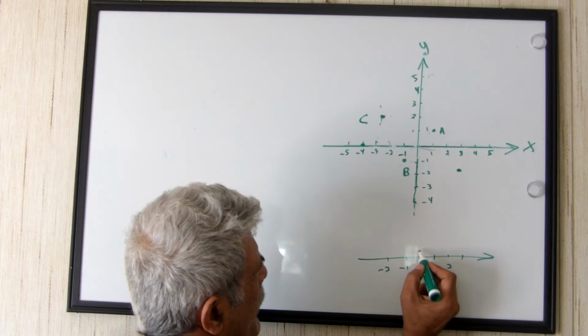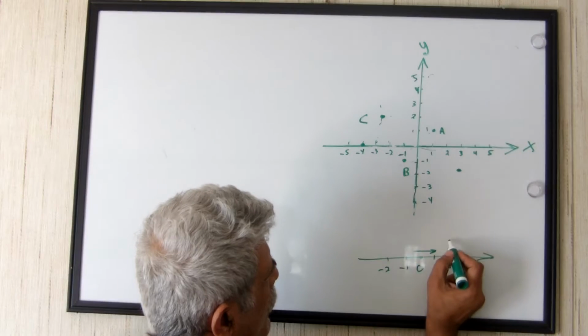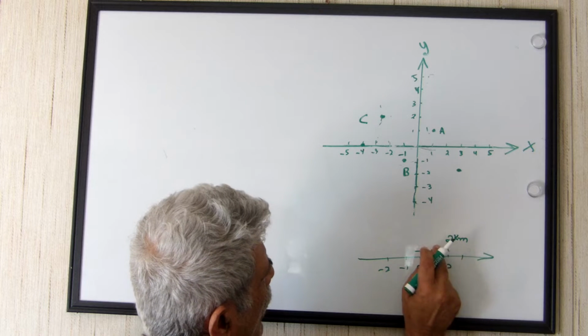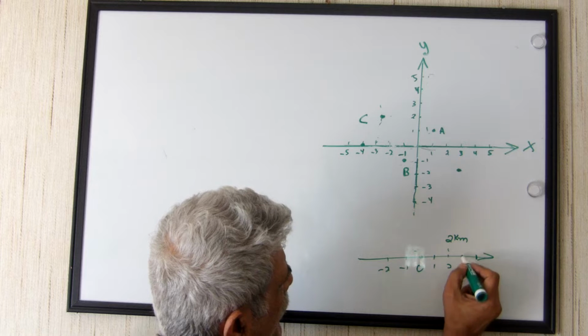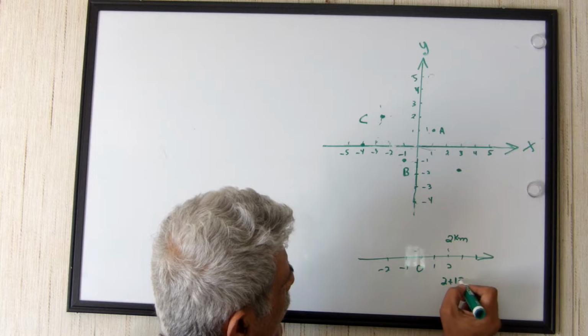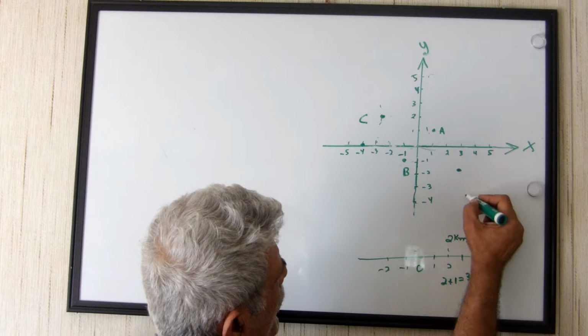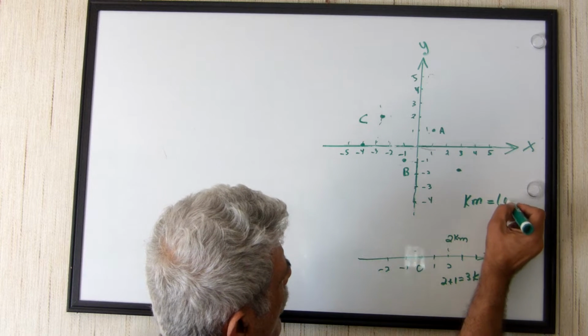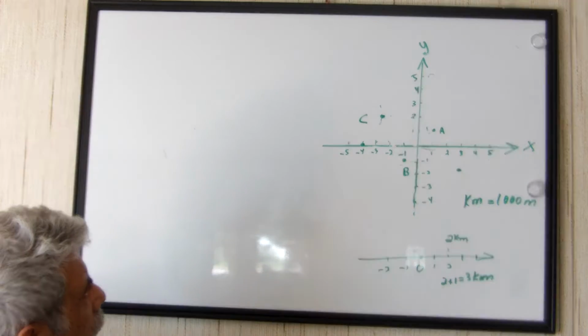We say somebody traveled 2 kilometers, and then he went another kilometer, so 2 plus 1, we say 3 kilometers here. A kilometer is equal to 1,000 meters. Meter is in the metric system.